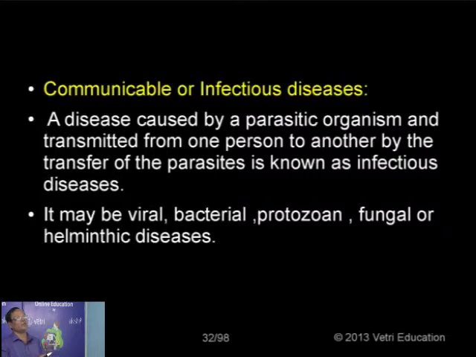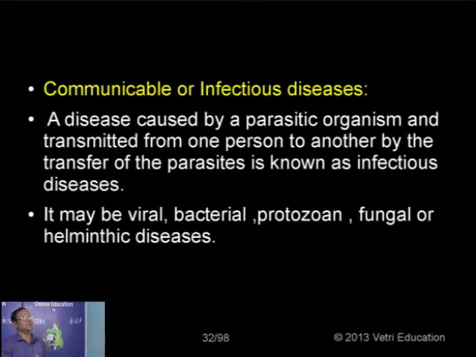For example, the malarial parasite, a parasitic organism living in the human body, is transmitted from one man to another by a mosquito bite. So any disease caused by a parasite and transmitted from one person to another by the transfer of these parasites is called an infectious disease.